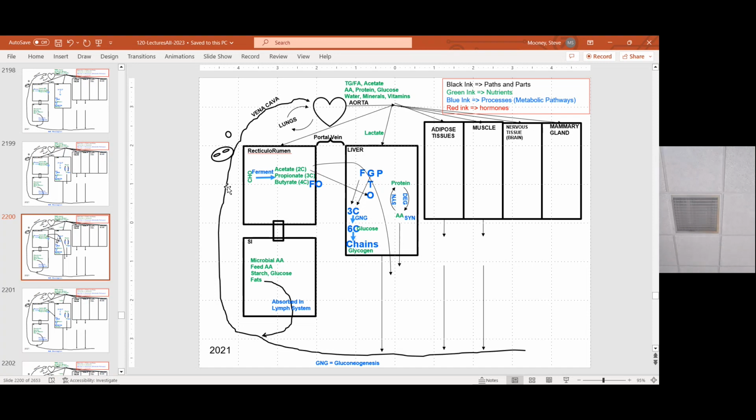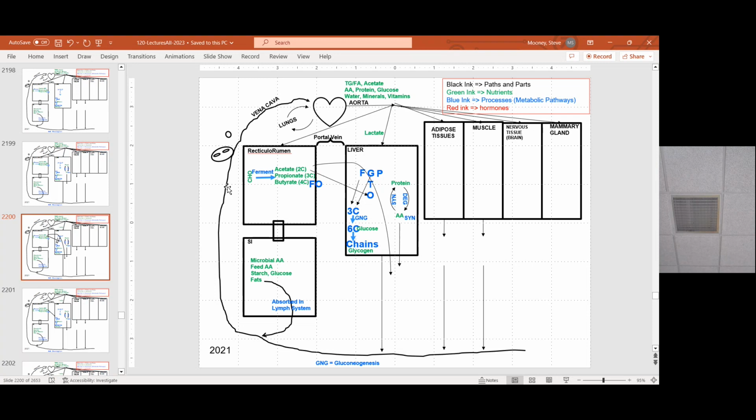The question, where does acetate go? So there are two fates of acetate after it's absorbed. Goes through the portal vein. One is it bypasses the liver and ends up into the vena cava. It becomes one of the nutrients that the rest of the body can use.